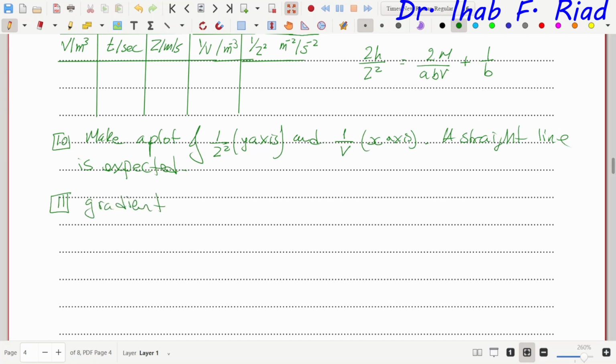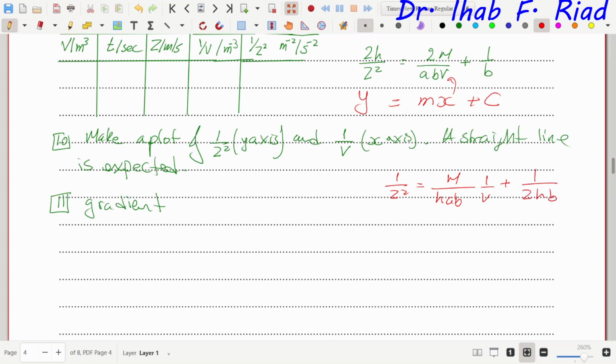Comparing this to an equation of a straight line, remember the equation of a straight line reads as y is equal to mx plus c. Okay, x stands for 1 over v. Oh, we have to divide here by 2h, right? Okay, so it is going to be 1 over z squared is equal to m divided by hab times 1 over v plus 1 over 2hb.